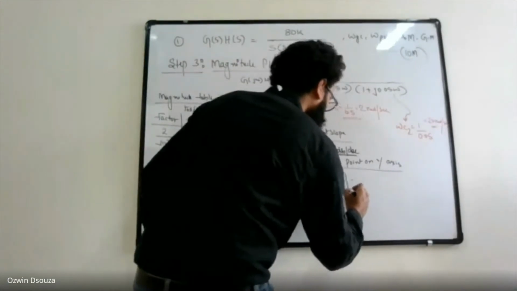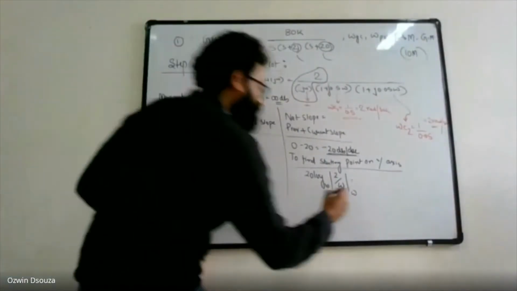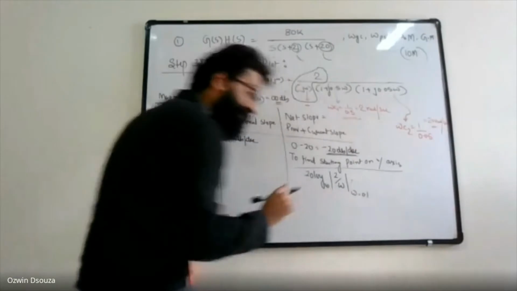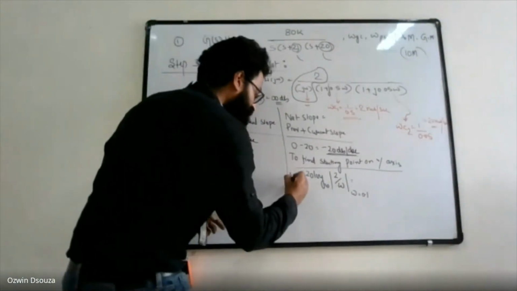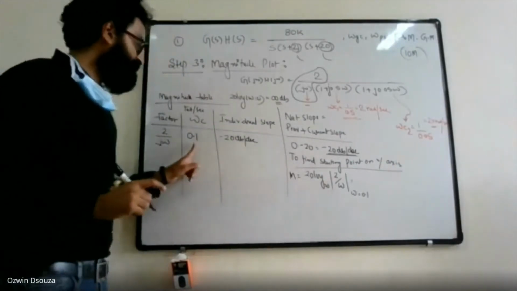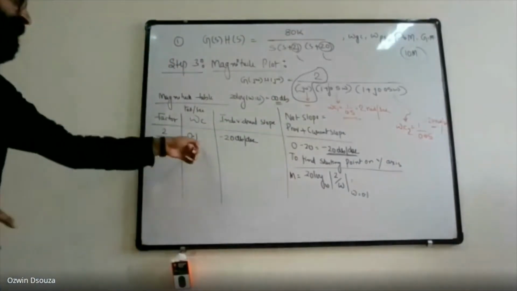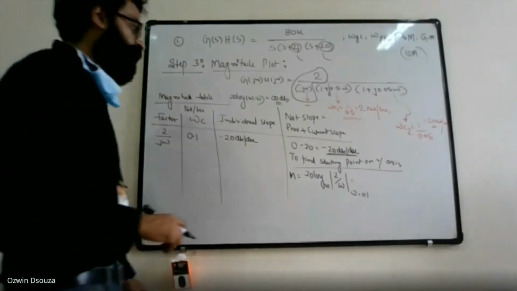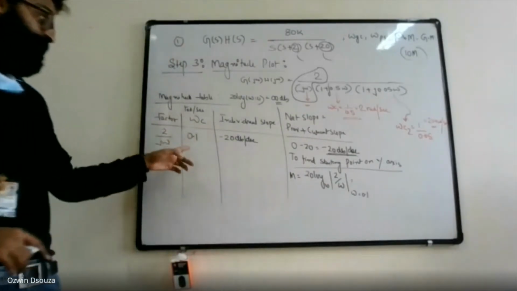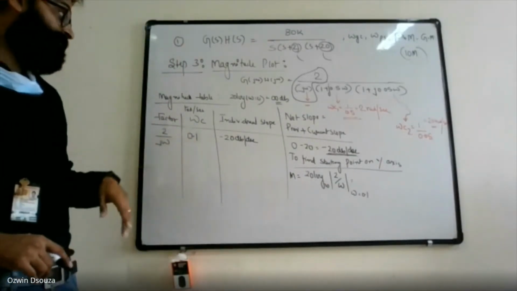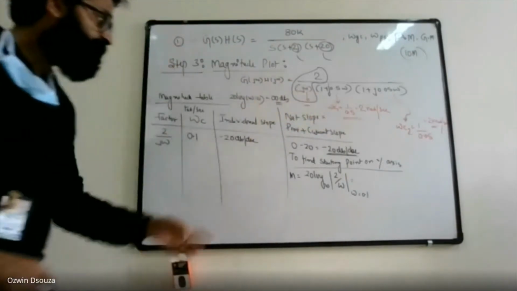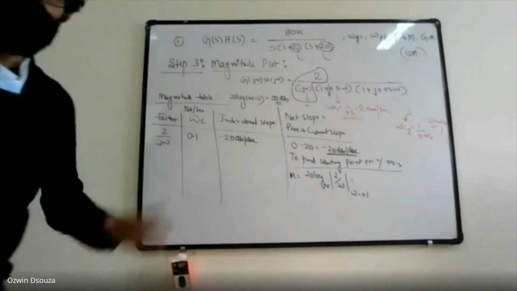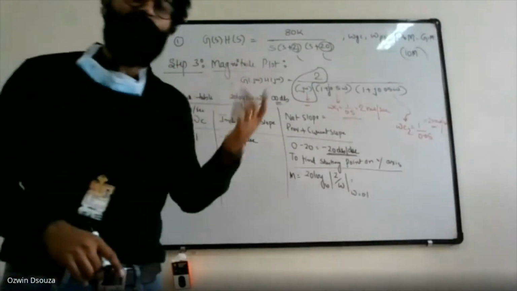Okay, and what have you taken omega as? You have taken omega as 0.1. So basically, you are trying to evaluate the magnitude m at the starting frequency. If at all you were to take this omega as 0, you would have got the magnitude as infinite. So how do you locate the infinite point?